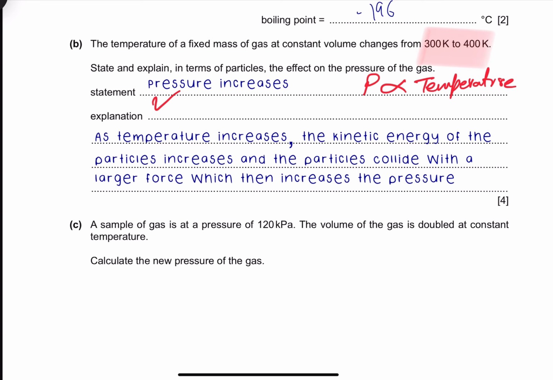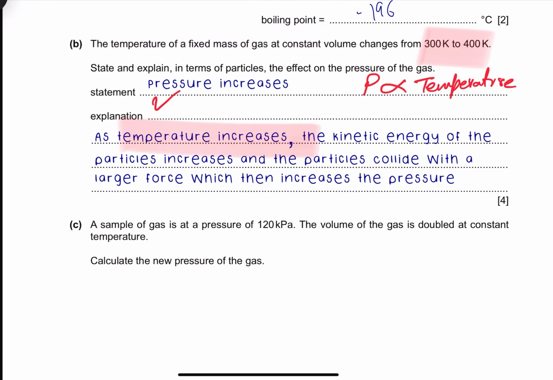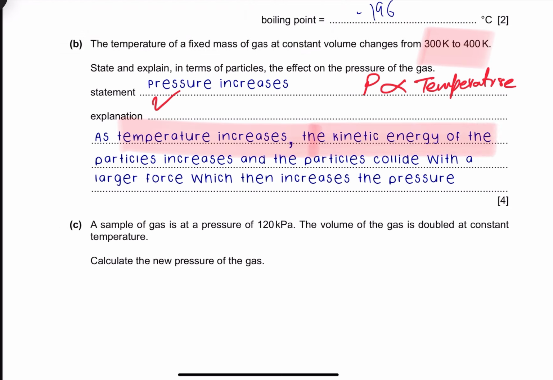So in the explanation, we have to write down temperature. Basically, by increasing temperature, kinetic energy increases because temperature and kinetic energy are directly proportional. So when kinetic energy increases, the rate of collision of the particles with the wall will also increase. That increases the pressure, or we can say that they will exert a larger force on the walls, so that will eventually increase the pressure. Okay.